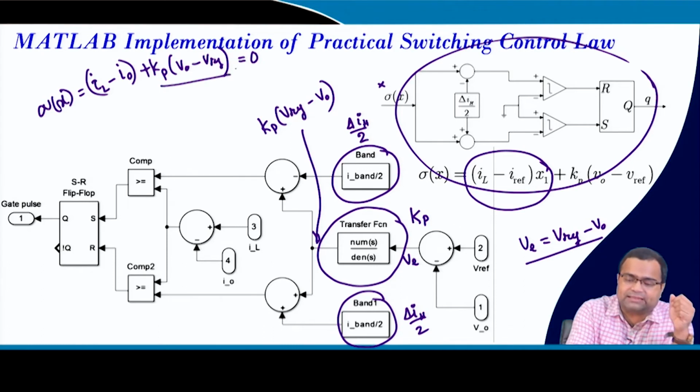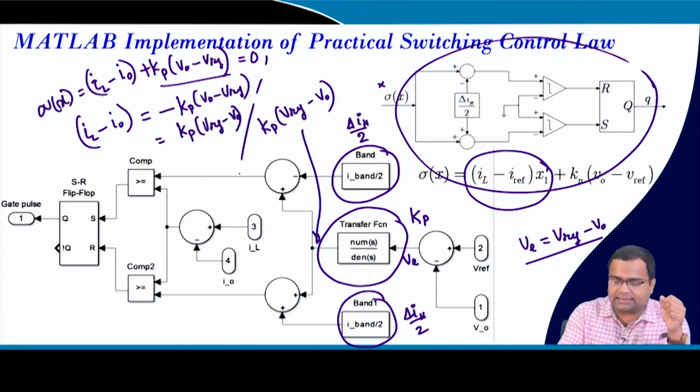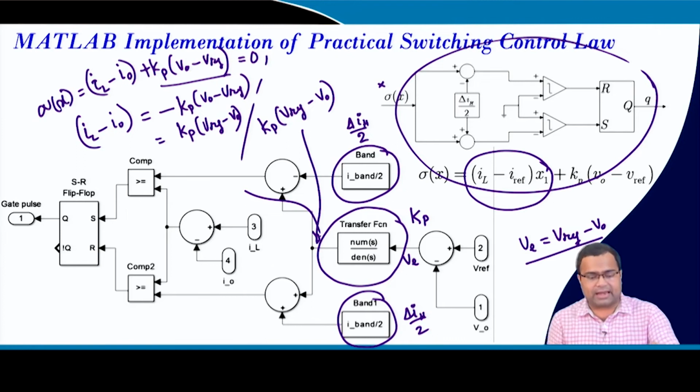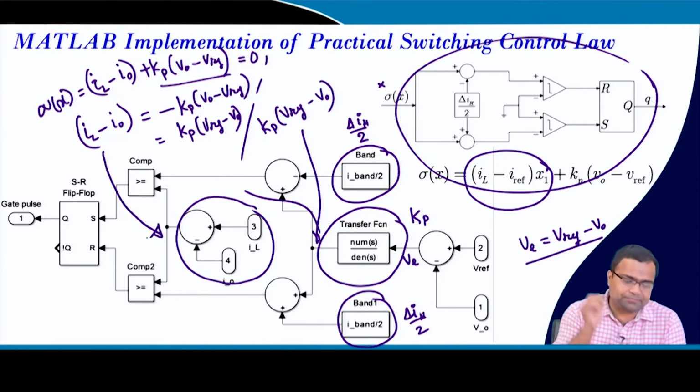So, if I take this part, that means IL minus I0 is equal to minus Kp into V0 minus Vref, which is nothing but Kp into Vref minus V0, and this is exactly what I did here, okay. And I kept IL minus I0 here. So, this term is my this term here, and then I have added the hysteresis band with this quantity.